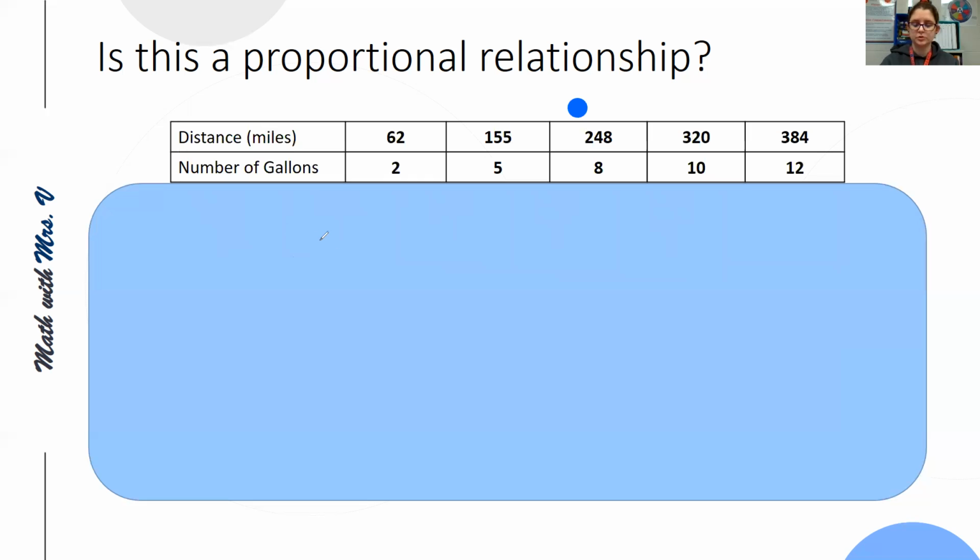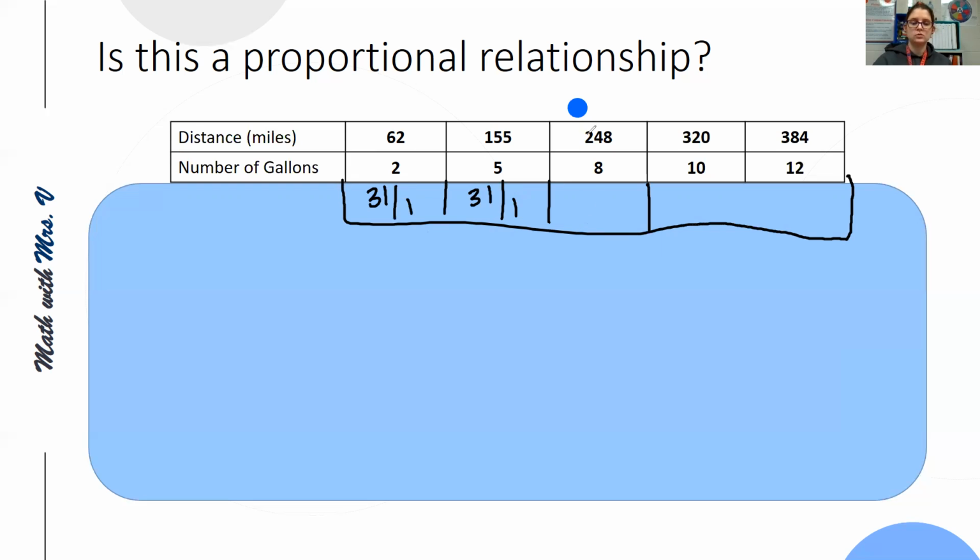Is this proportional? So we would add another section for our unit rate. And we would divide 62 by 2 and get 31 per 1. We would divide 155 by 5 and get 31 per 1.